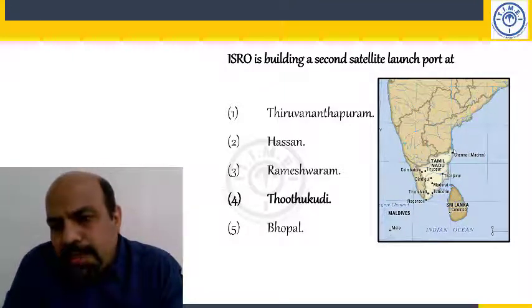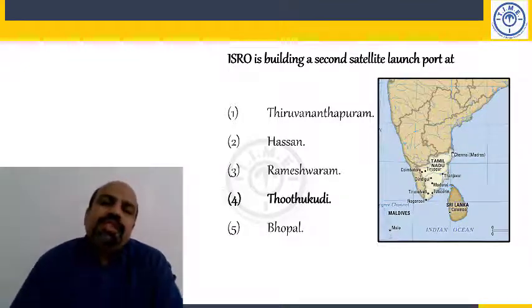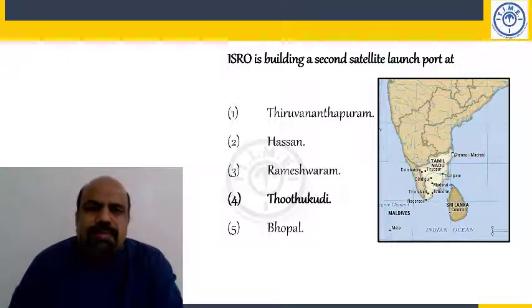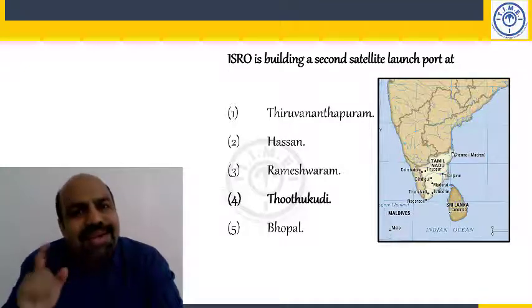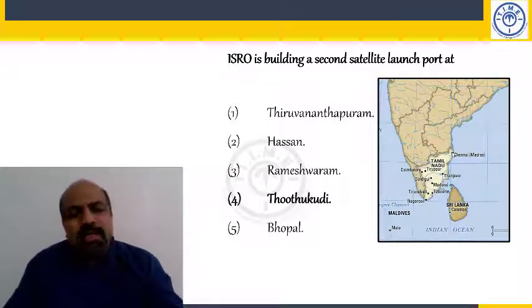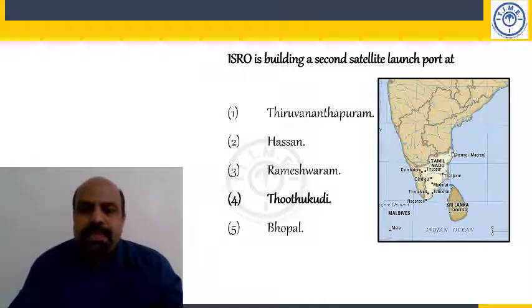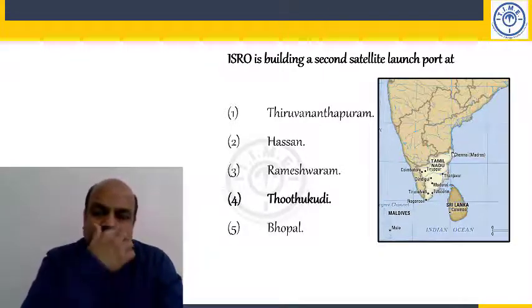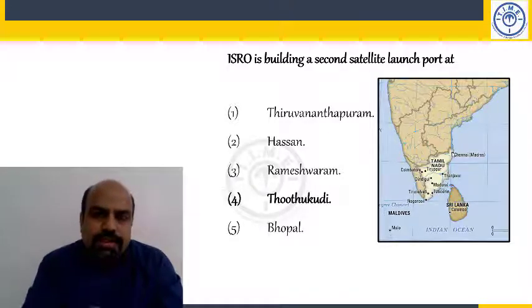This is Sriharikota, here above Chennai, on the border with Tamil Nadu in Andhra Pradesh. It was previously called Sriharikota Range. Now it's called Satish Dhawan Space Center, after the former chairman and space scientist. Next, you look at the choices. We are going to write about each of the choices.